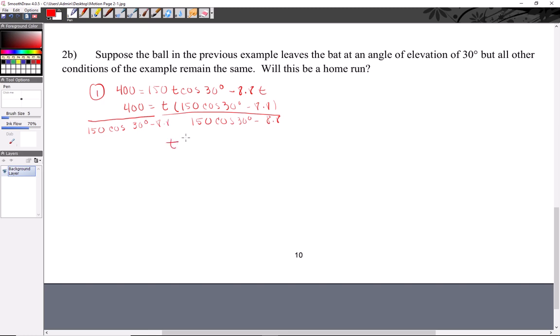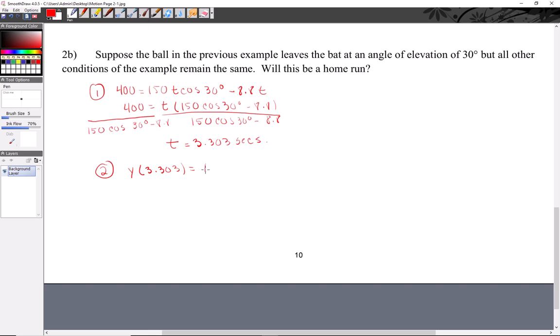All right, so the time to the fence for this will be 3.303 seconds. Put that in your vertical aspect and see if the ball went any higher than it did in the previous portion. So we'll do y of 3.303.